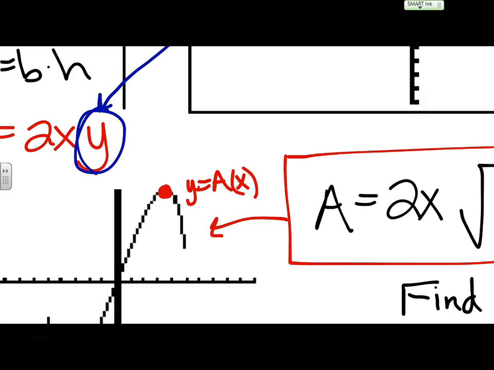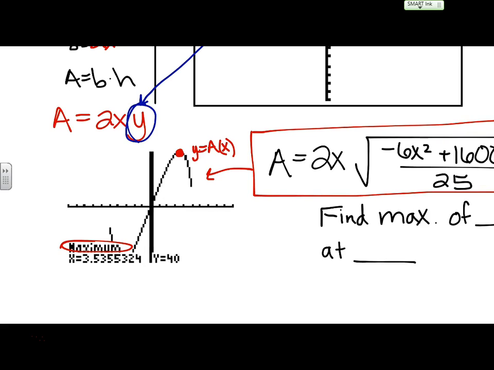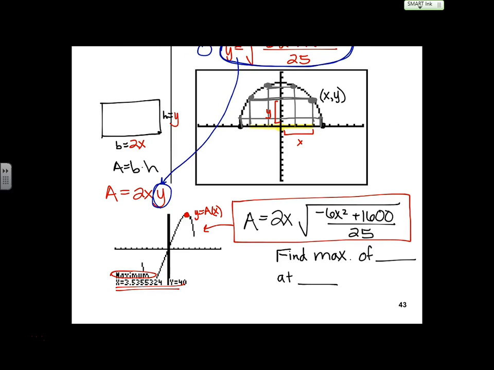The maximum. And what did I find using the calculator feature? The maximum. And what can I answer at the end of the day? Well, A is 40 because y equals A, and x is 3.535 dot dot dot.